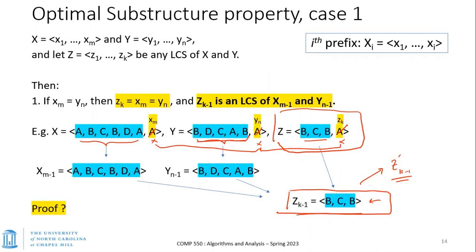We said that z is the longest common subsequence. It comprises zk minus 1. We're saying zk minus 1 is not the longest, and there's some other subsequence which is longer, z prime k minus 1. So what are we going to do?